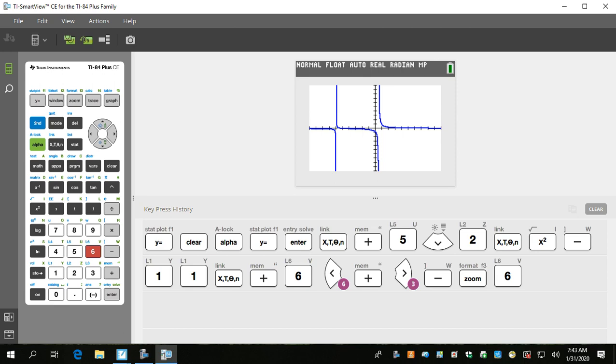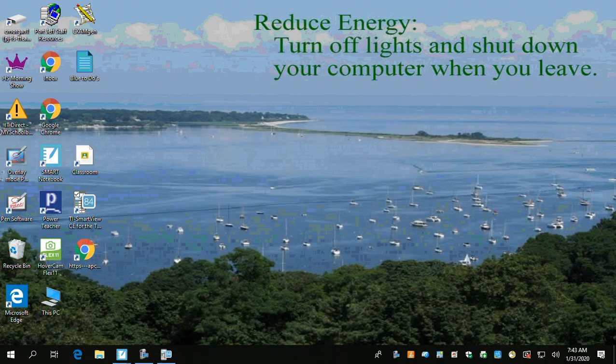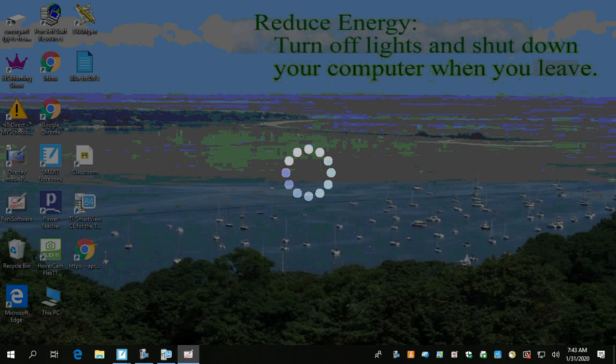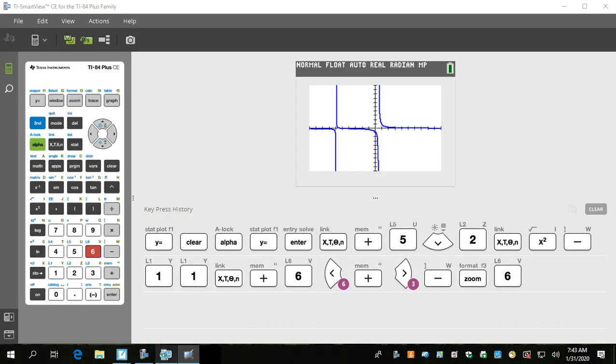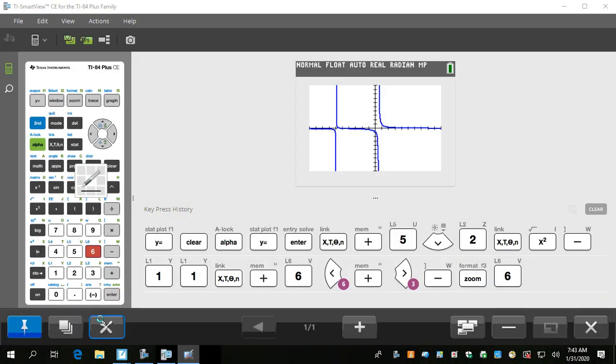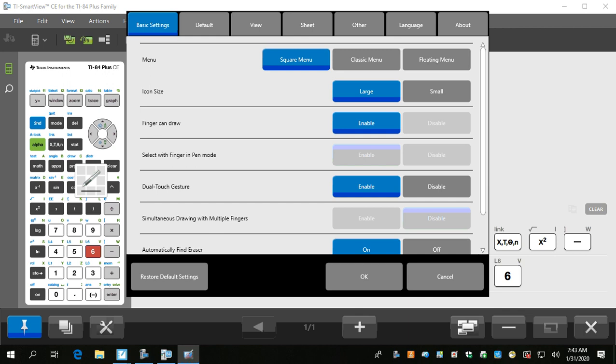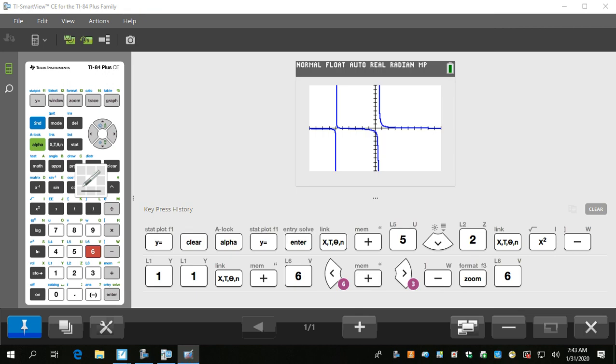I don't know either. All right, so what values weren't allowed in the denominator? 1/2. Do you see right here? Okay, you see this right here? What was that called again? Asymptote, yes.